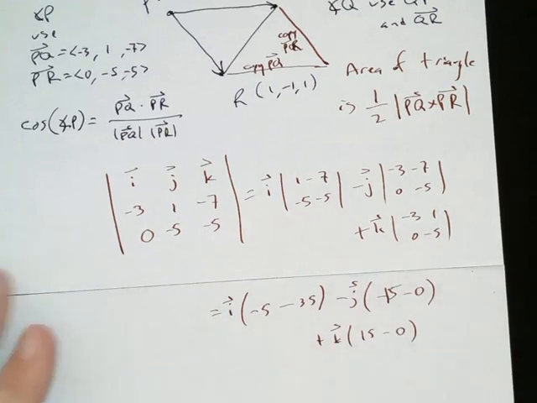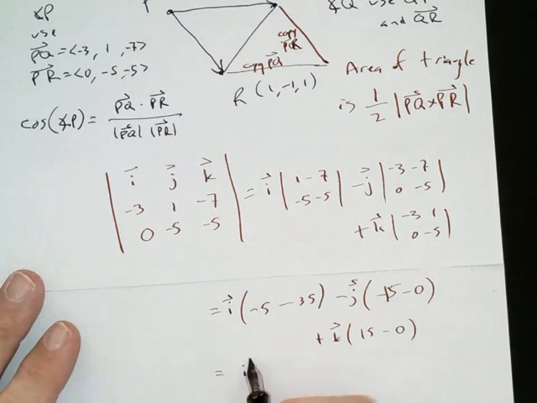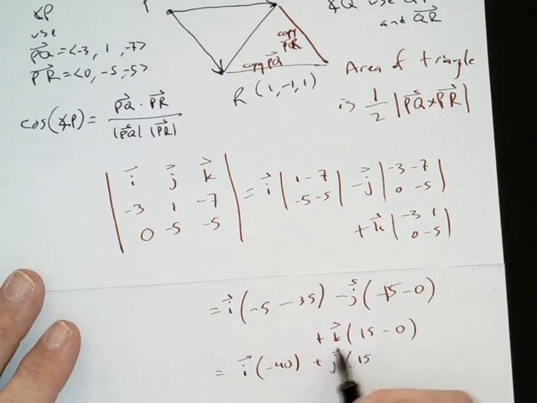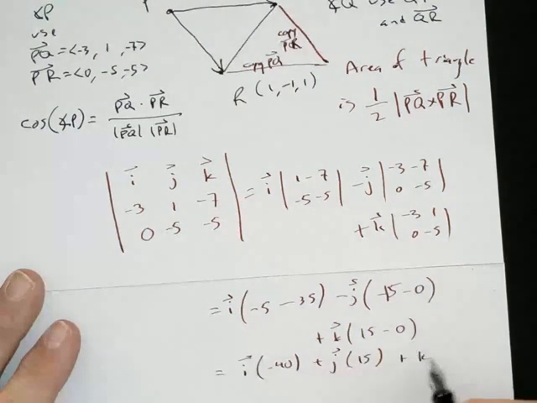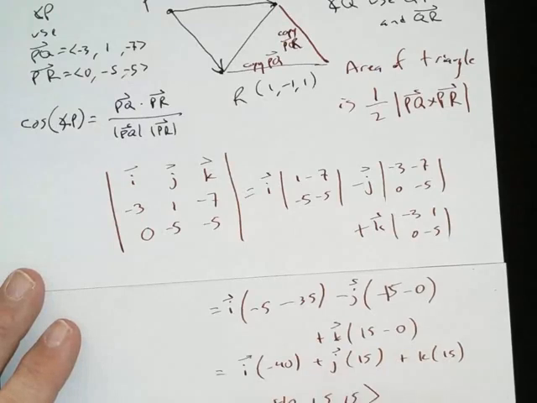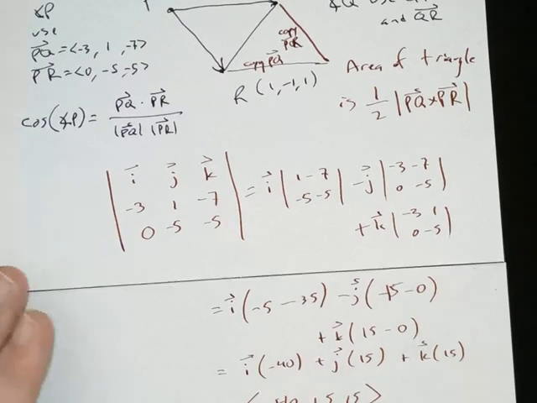So I get as my cross product itself -40 I plus J times 15 plus K times 15. I'll write it as -40, 15, 15.